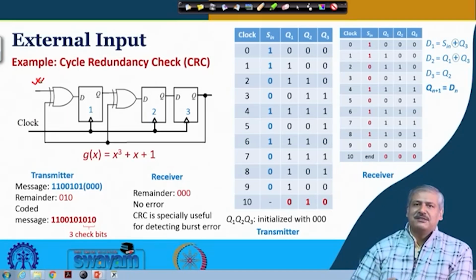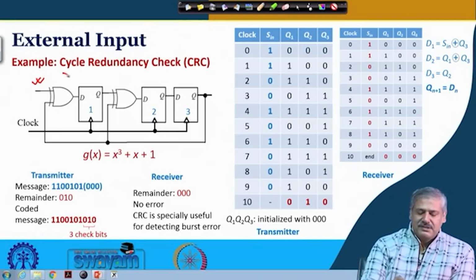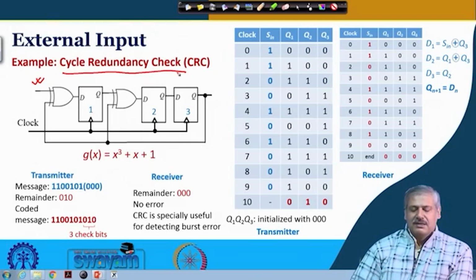Yes, it is of important use in error control code generation, and this is used in what is called cyclic redundancy check code, CRC code. I shall take you through an example and see how it is useful.